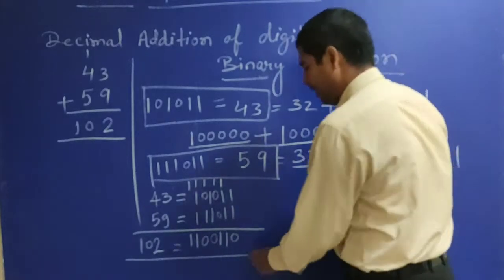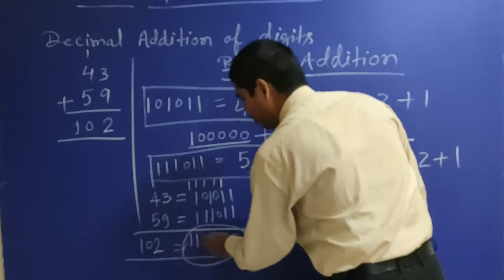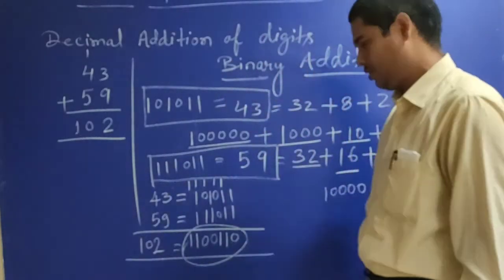Now we have to check whether this is equal to 102 or not.